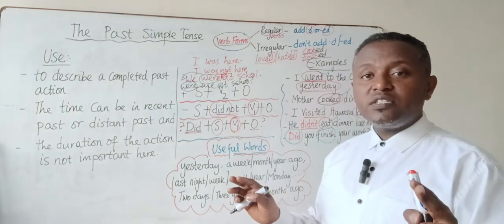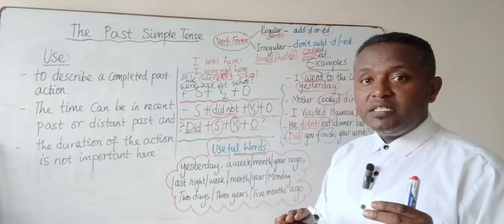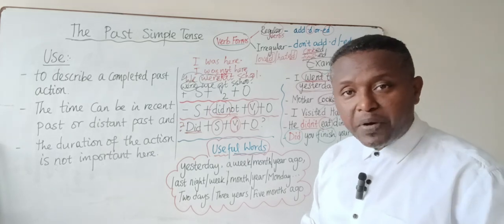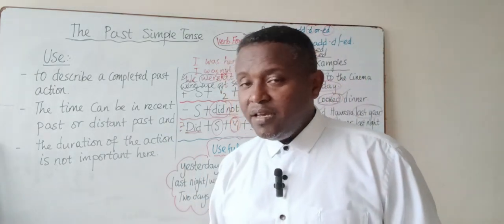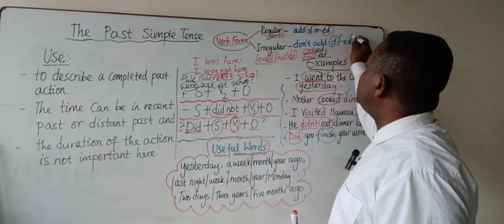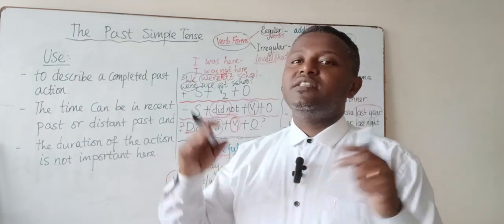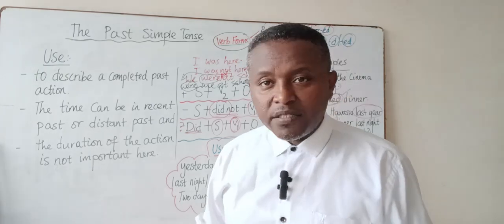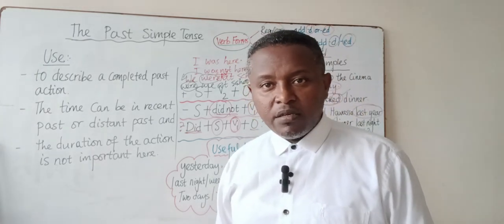So the difference between the regular and the irregular ones is that the regular ones change into past by adding d or ed. The irregular ones don't add d or ed. They take different forms; they change as they wish. For example, go, went. Eat, ate. Drink, drunk.